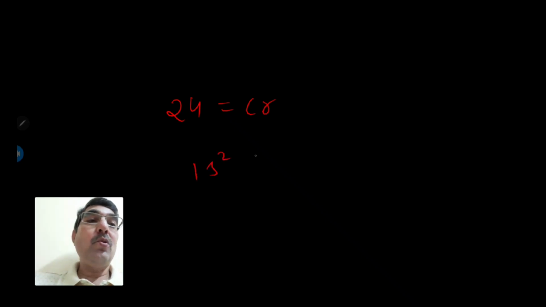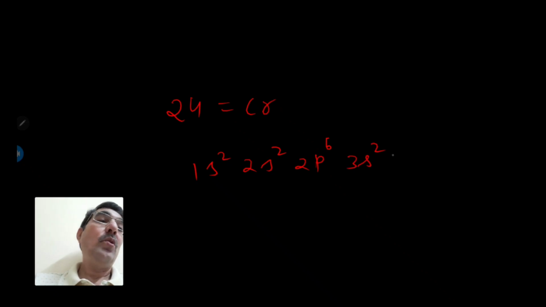Similarly, I'll write some more. So we say atomic number 24. It is chromium, the exceptional case. Now you can see how I write it. So 1s2, 2s2, 2p6, 3s2, 3p6, 4s2, and 3d4.